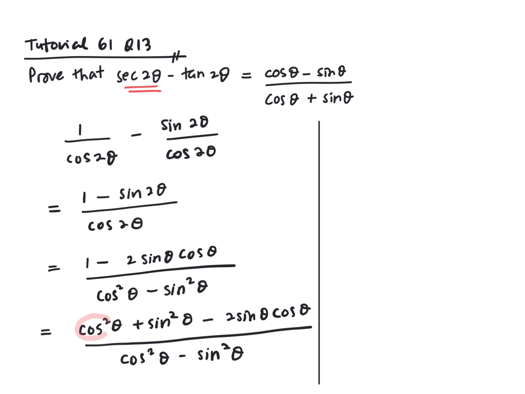If you noted, this is cos square, this is sin square, and this is 2 sin theta cos theta. So if you recall, how can we factor the terms?